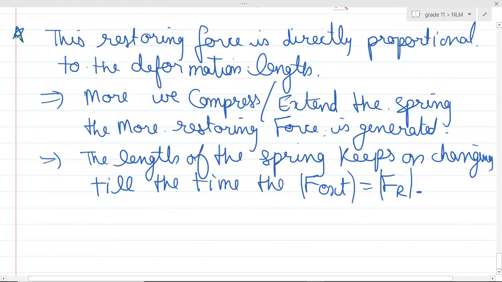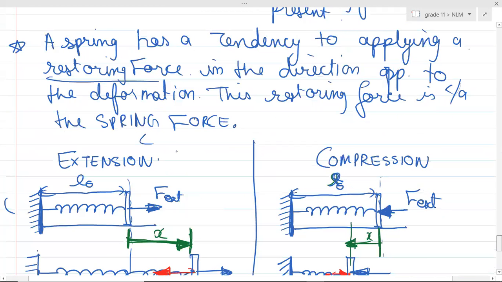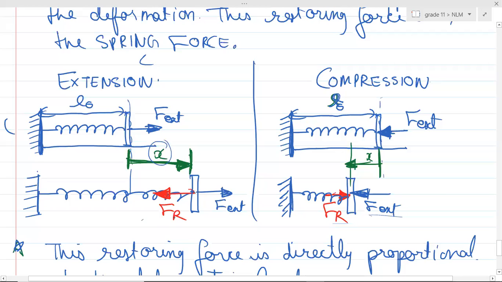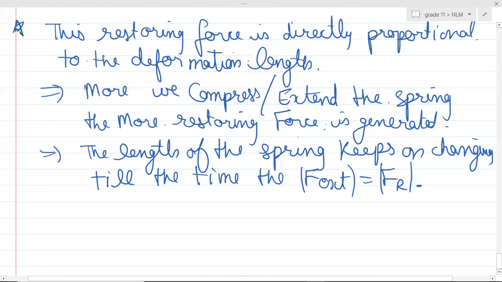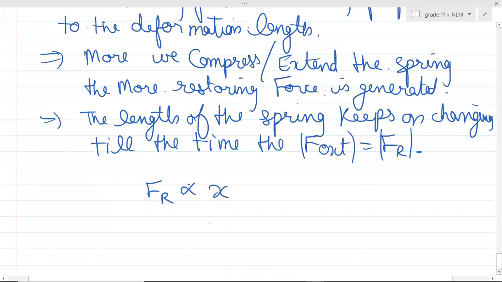So always remember, guys, if we have this particular case, can you see this x and this Fr have a relation? Fr is directly proportional to x. I told you it is directly proportional to the deformation length. When you remove the sign of proportionality, you introduce a constant, right?